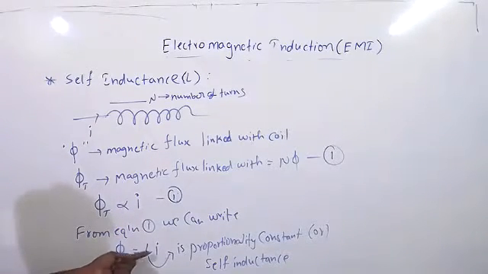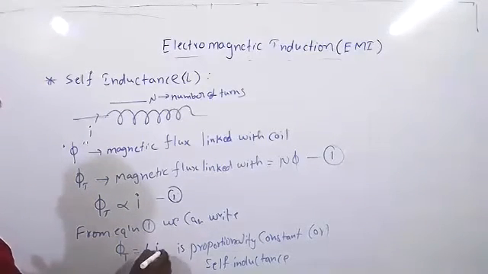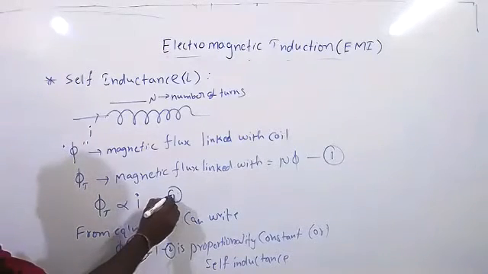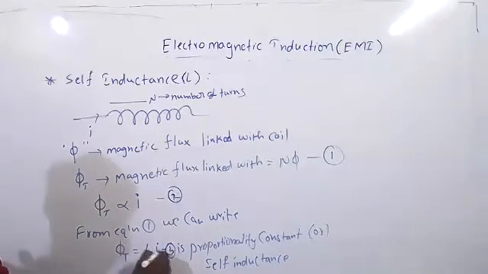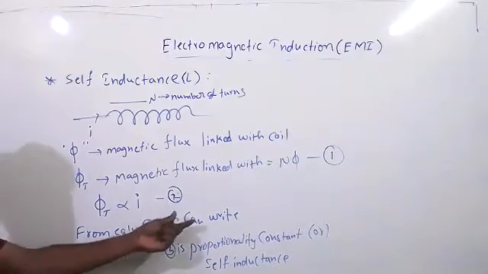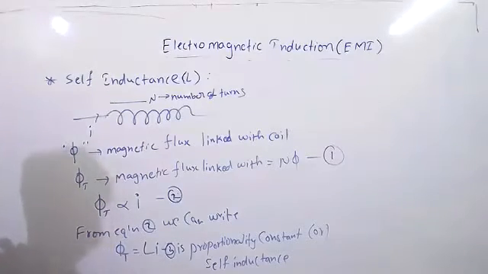Total flux is equal to L I. Take this as equation 3. So, removing the proportionality, we have given the constant L, that is L I.